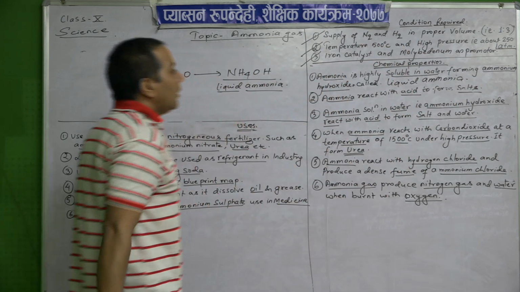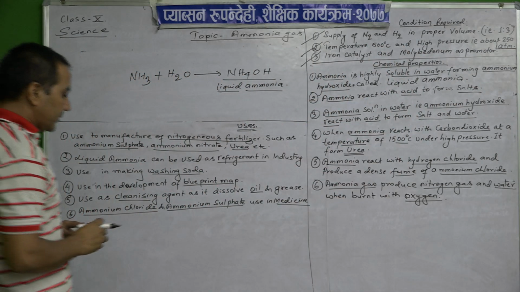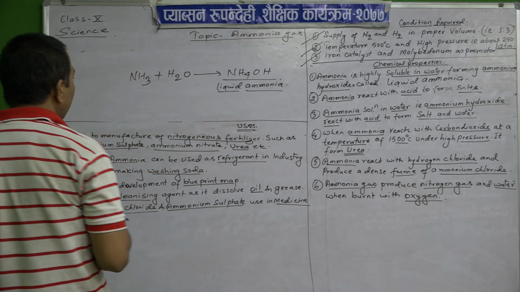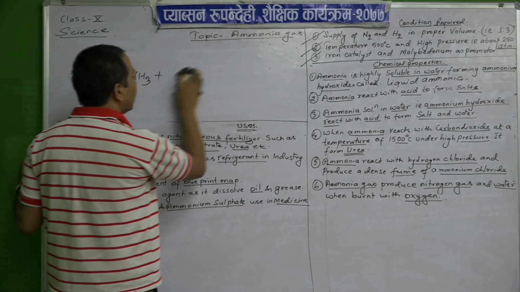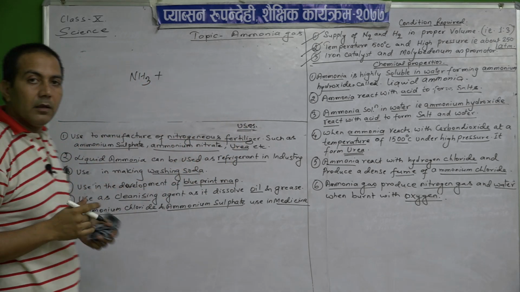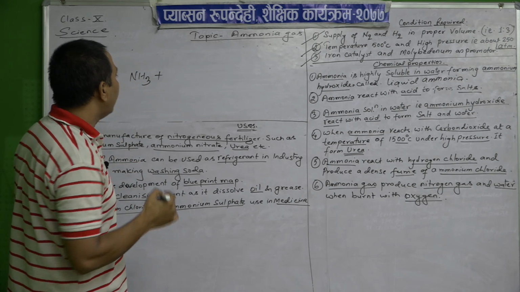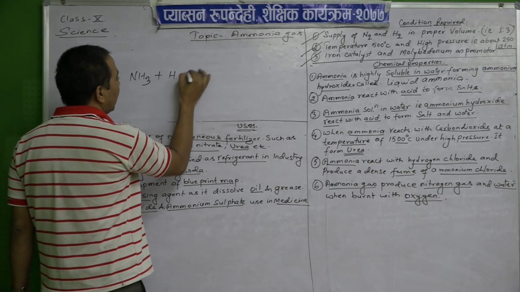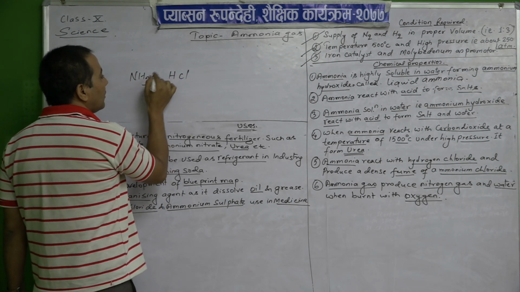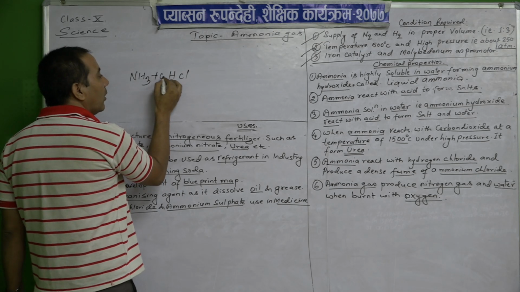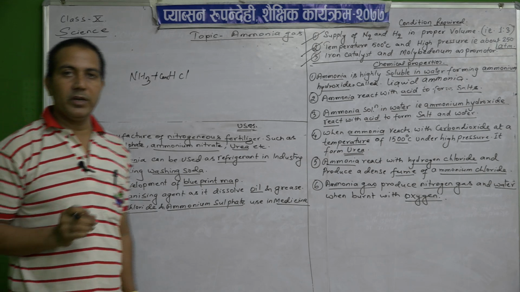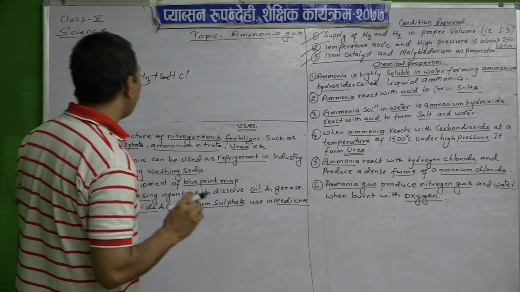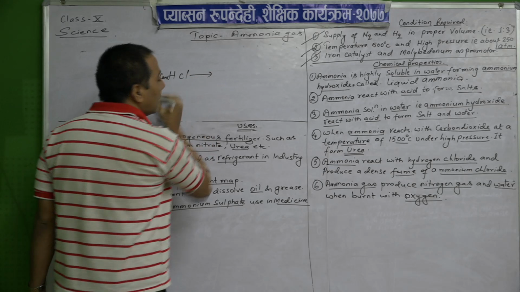Okay. Now comes the next one. When ammonia reacts with acid HCl, in our test also, I told you the example of testing of ammonia, isn't it? The testing of ammonia is done by dipping what?